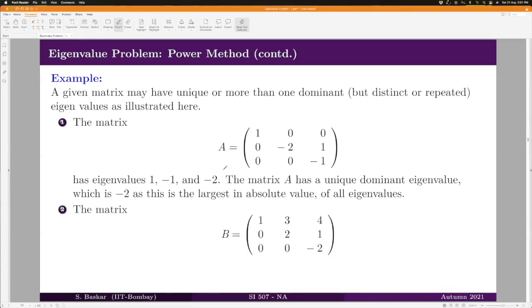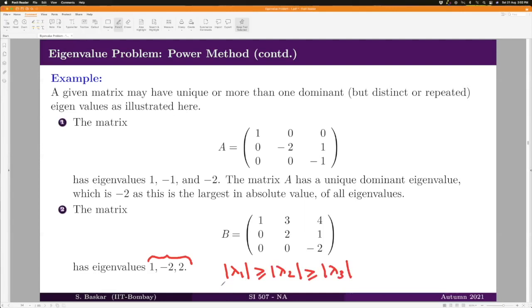Let us take another example where we take a matrix B like this. If you compute the eigenvalues of the matrix B, you can see that they are 1, -2 and 2. Now we have to arrange them in this way: lambda 1 greater than or equal to lambda 2, greater than or equal to lambda 3.